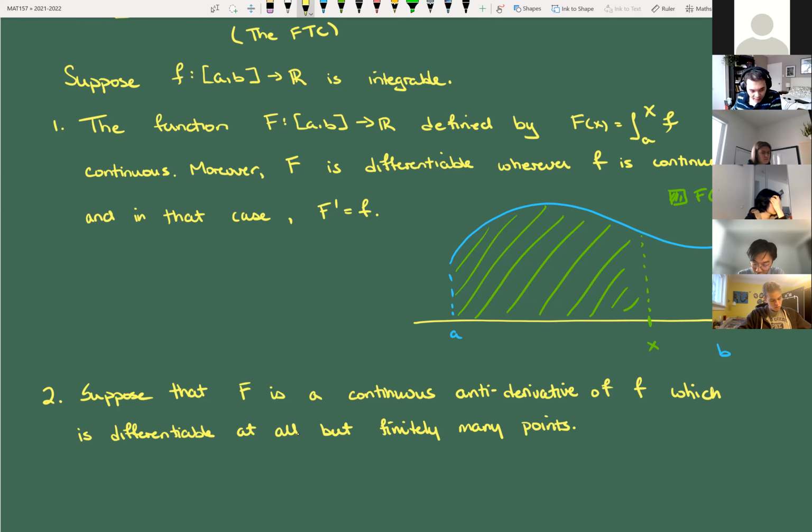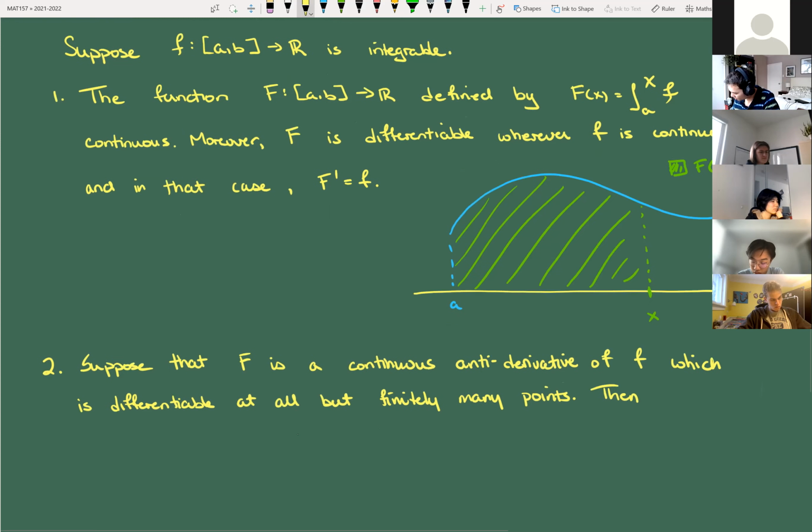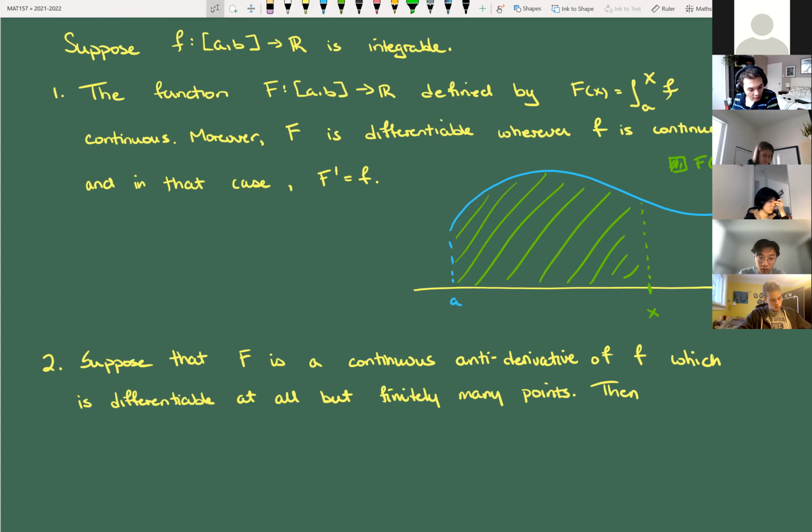Okay, then in this case, the English is not great here because I'm going to start a sentence with then. Do I need to include anything else here? I don't think so.